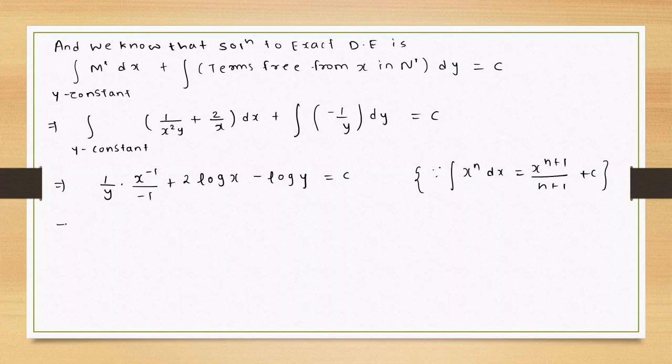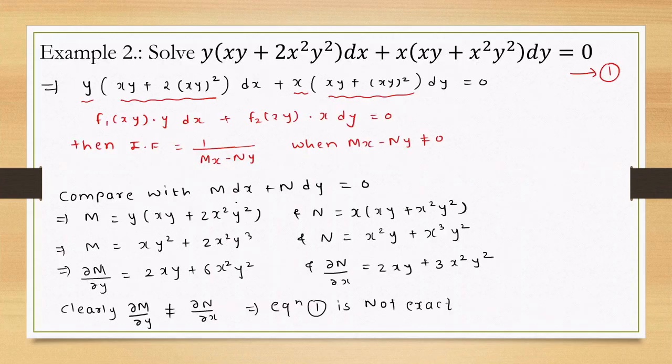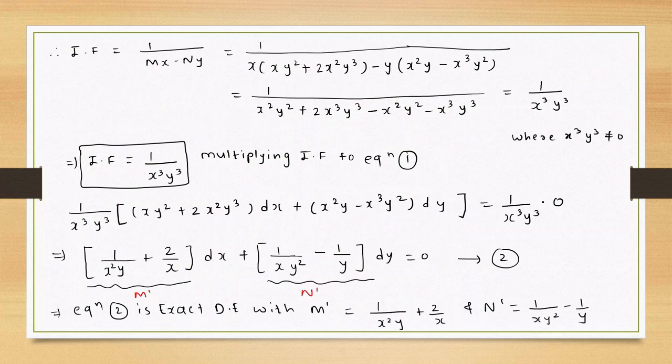Okay, so this is minus 1 upon xy plus 2 into log x, we can write it as log of x square. Now, this is plus, sorry, we have made a mistake here.